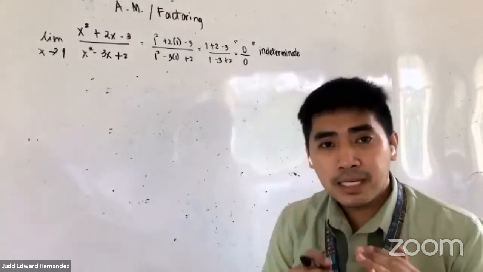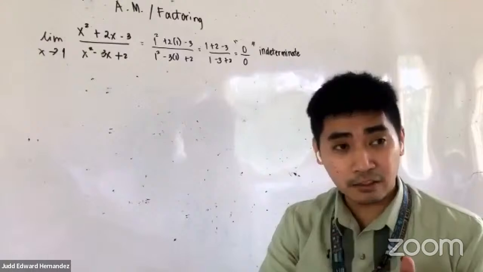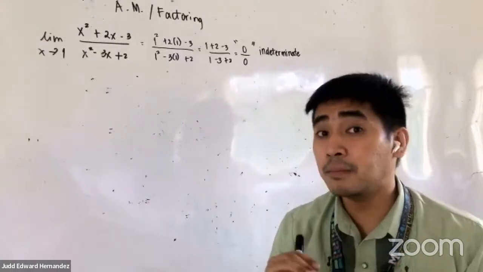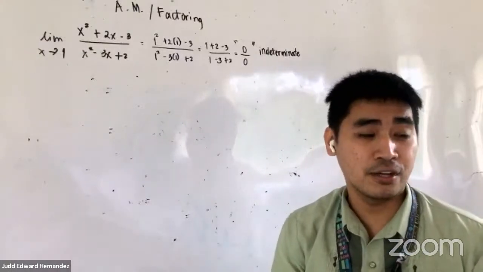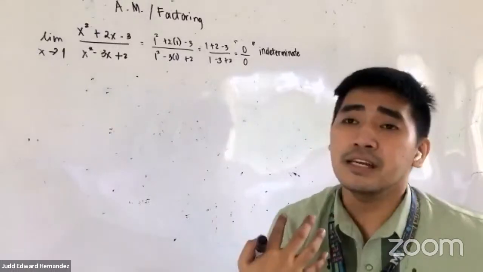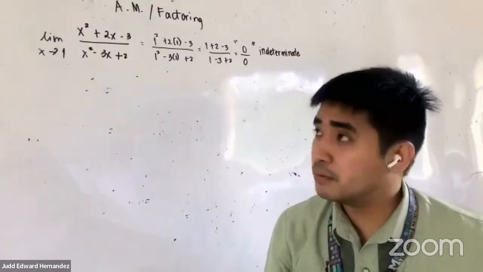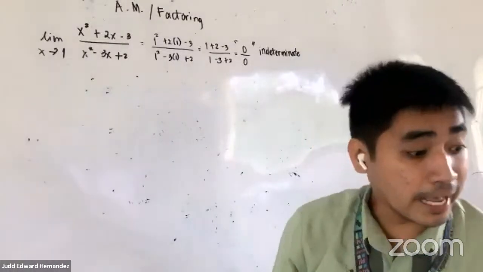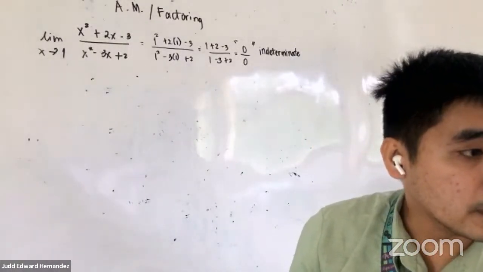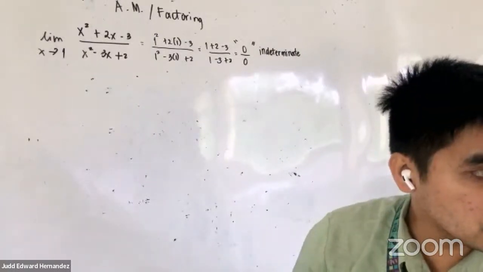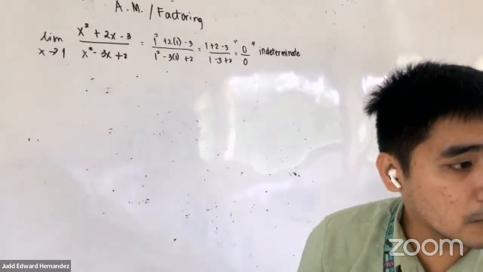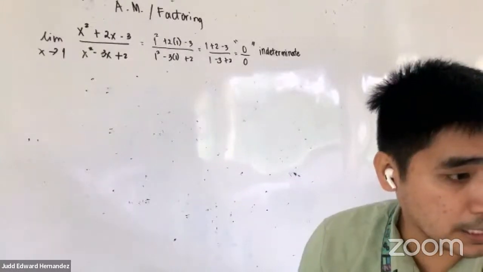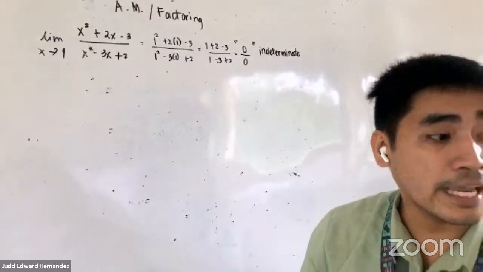Kailangan lang natin mamili ng tamang method, ng tamang paraan para ma-solve natin siya ng maayos. In this case, ang i-discuss natin ngayon is algebraic manipulation or factoring. Parang wala na tayo masyadong mamamanipulate, pero yung factoring, itry natin.